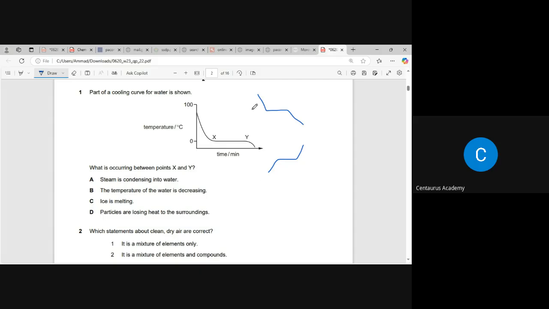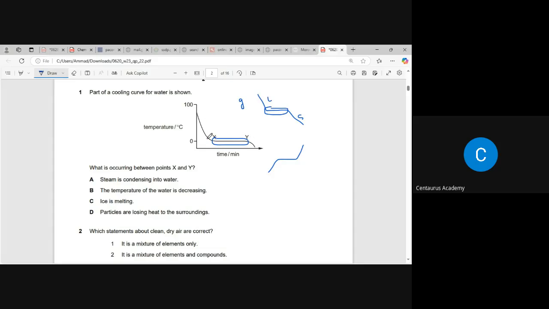This means that the gases are being converted into liquids, and then the liquids undergo freezing and are converted into solids. So the state changes basically in this plateau phase. So the state change is taking place here.